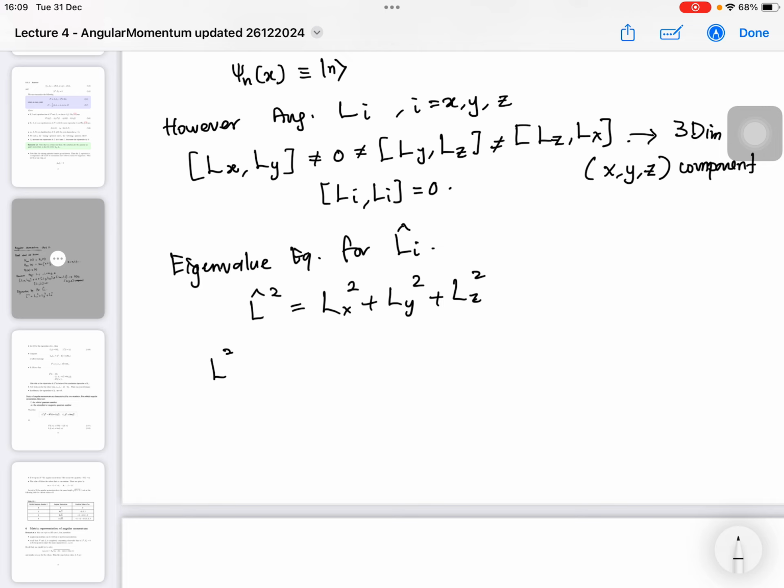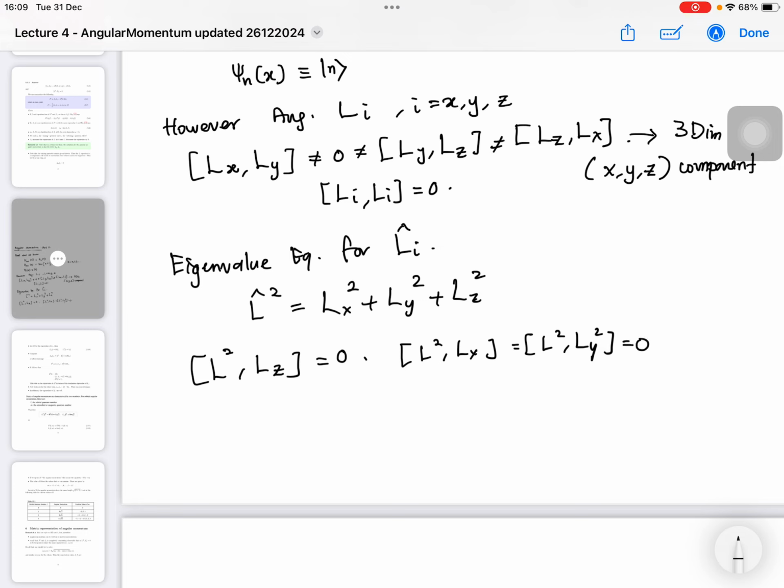If we check the commutator of L squared and Lz, it equals 0. Similarly, for L squared with Lx, or also L squared with Ly, they are all 0.